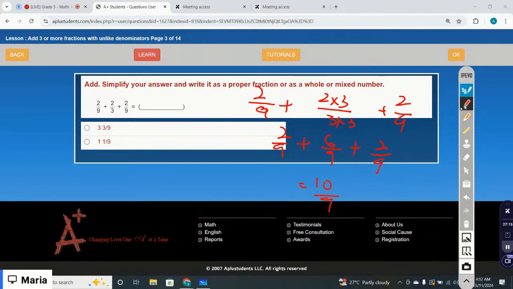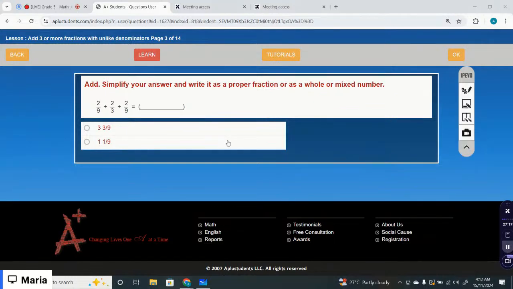Option number 2 is the correct option, that is 1 whole 1 over 9.